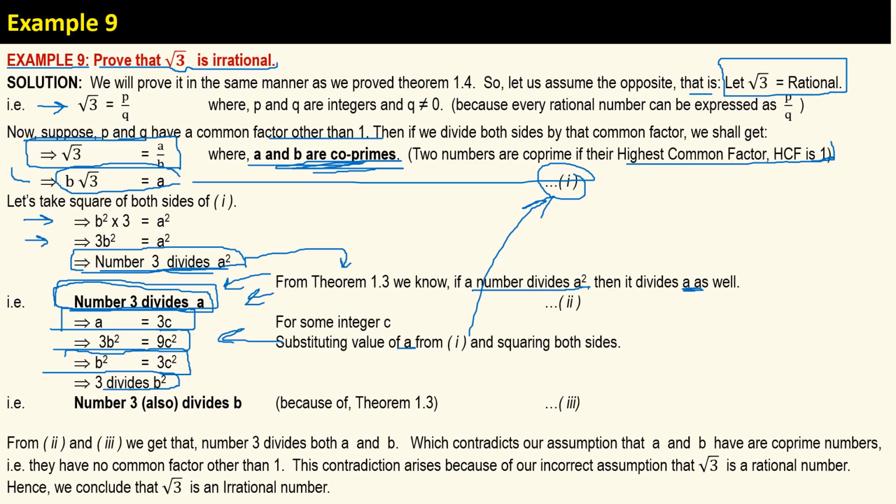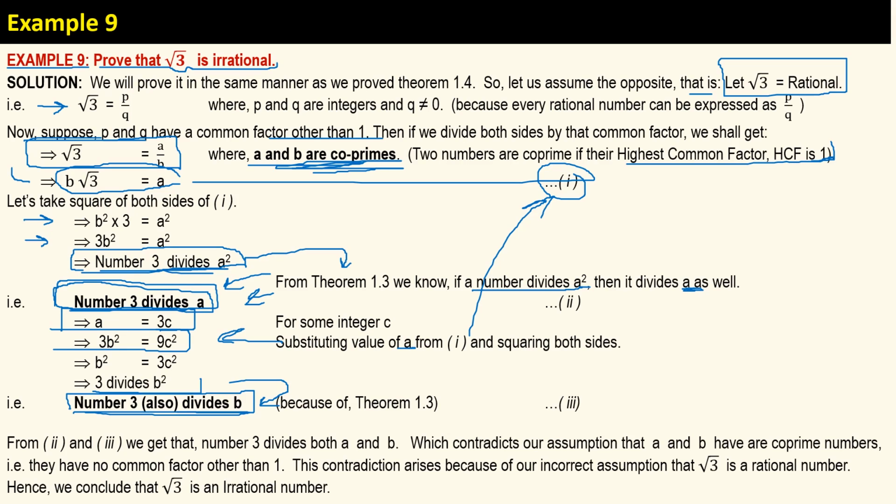And again, using theorem 1.3, we say that number 3 then also divides b, because 3 divides b square. Let me just make it a little clearer here. Since 3 divides b square, then using theorem 1.3, we can say number 3 also divides b.